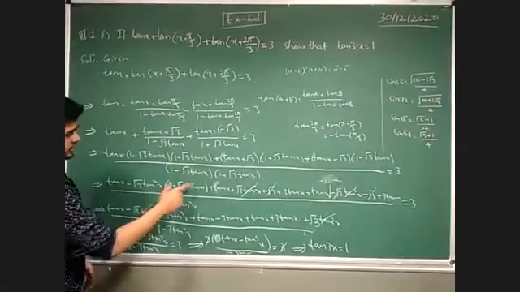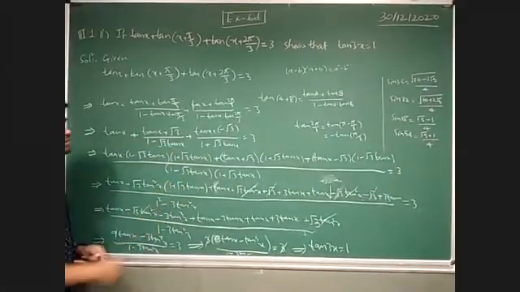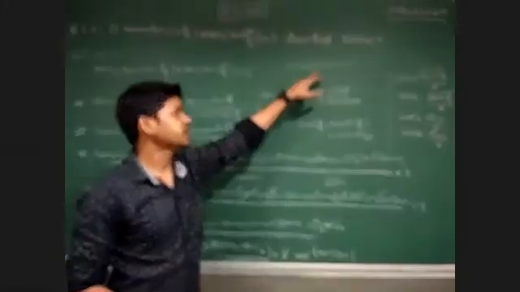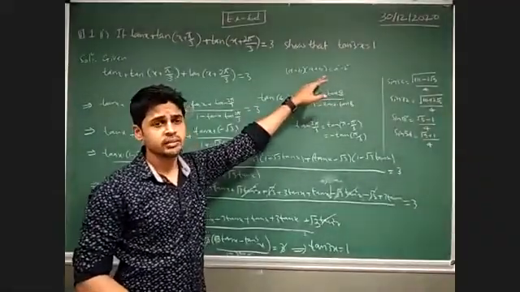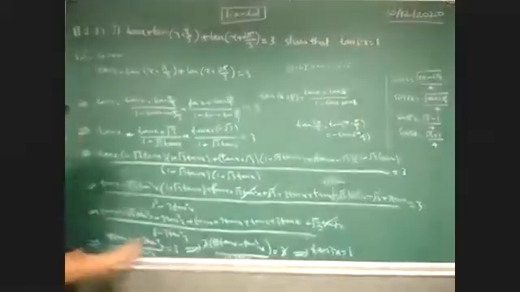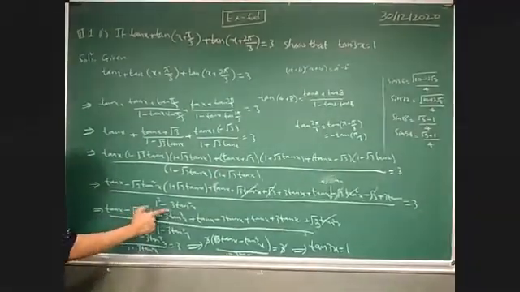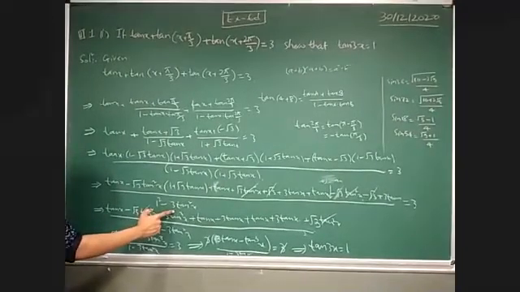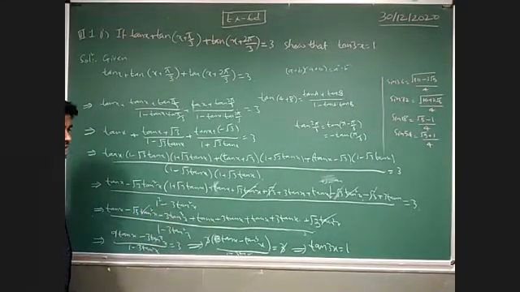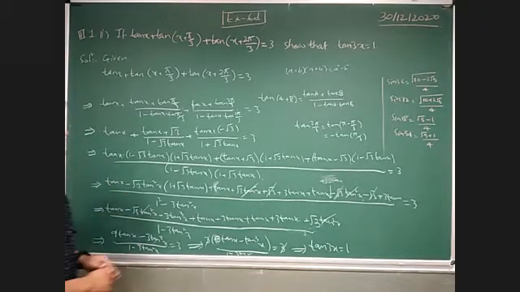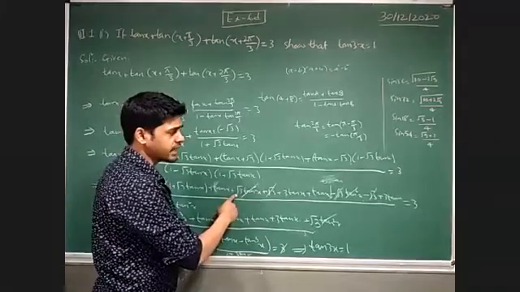Okay, and here we use one formula, that is (a minus b)(a plus b) is equal to a square minus b square. So I use that formula here, that is 1 square minus 3 tan square x. Okay, now after multiplying tan x with this term, so many terms got cancelled.